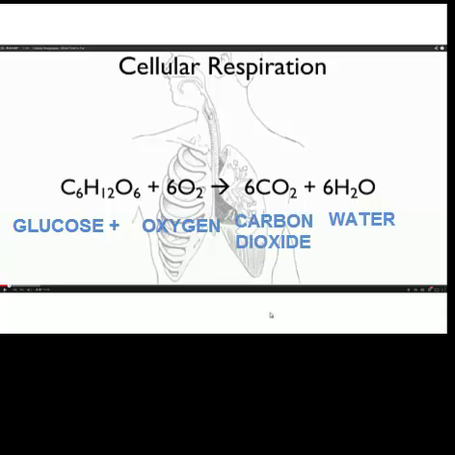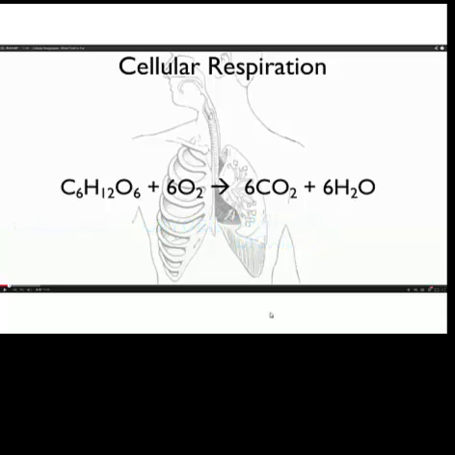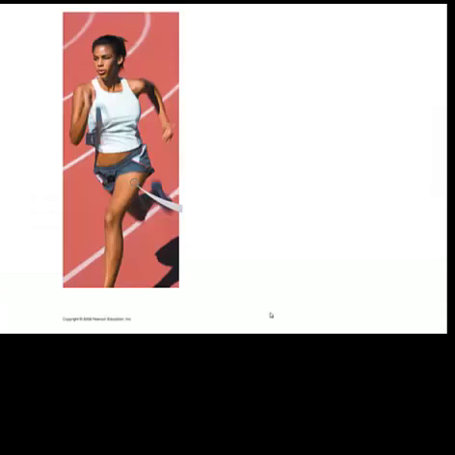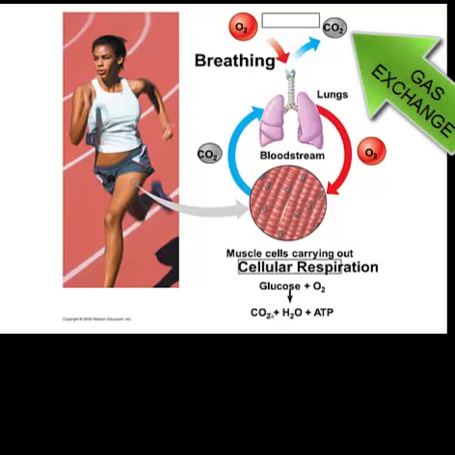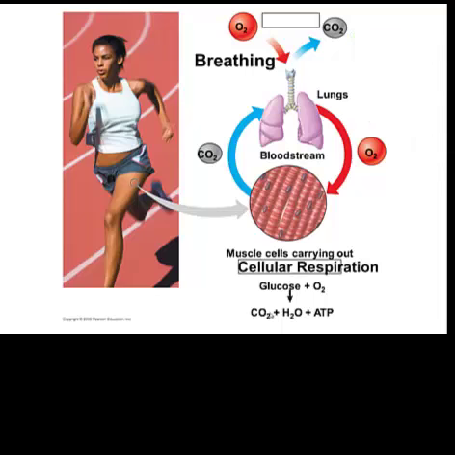And in fact, most people tend to think of breathing when cellular respiration comes up. Breathing and cellular respiration are closely related. Breathing is necessary for the exchange of carbon dioxide produced during cellular respiration, and cellular respiration is going to use that oxygen to help harvest energy from glucose and produce carbon dioxide as a waste product.